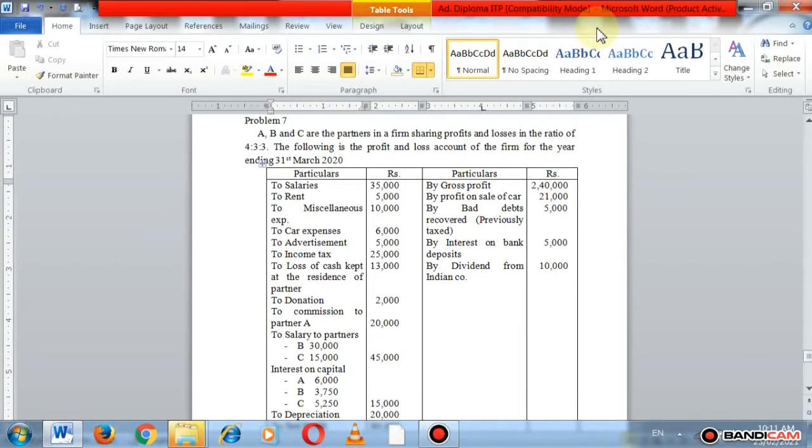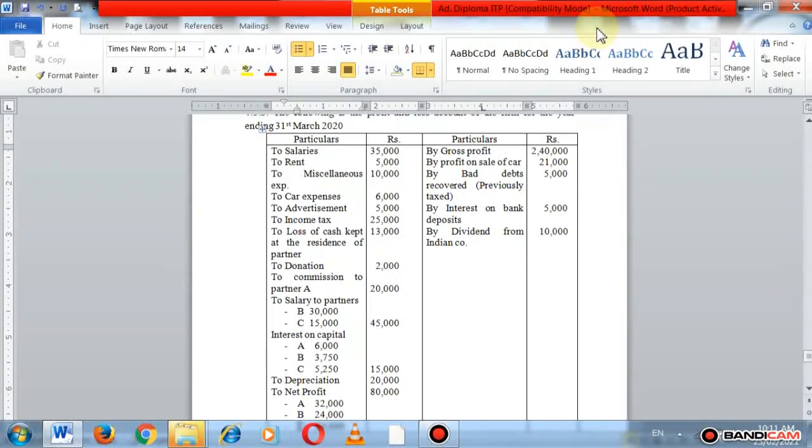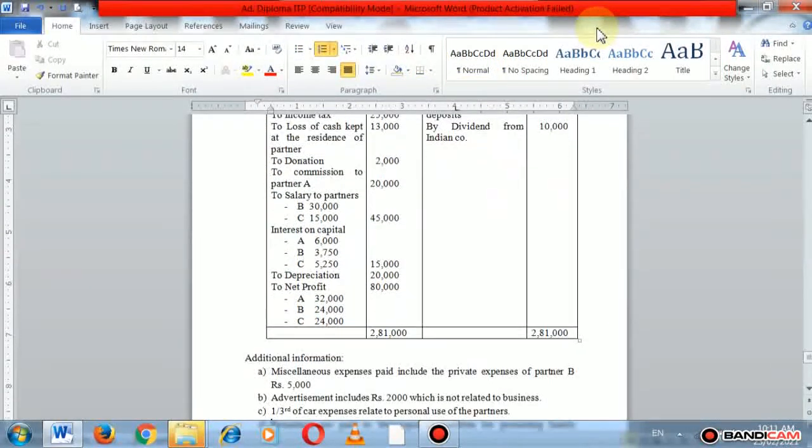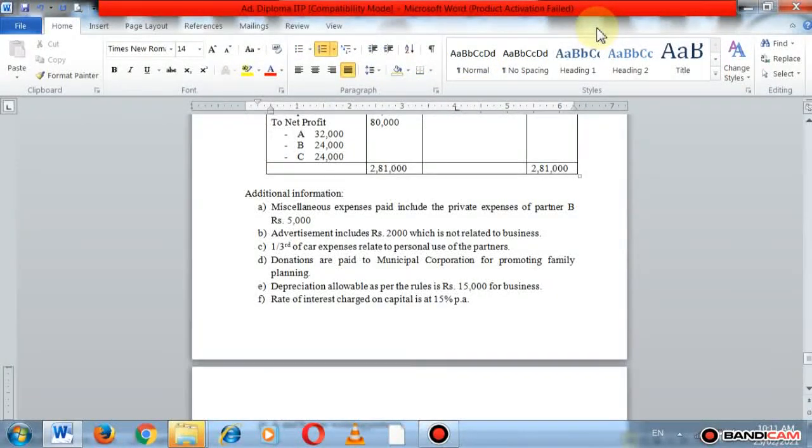First of all, we read the adjustments. The first additional information is: miscellaneous expenses paid include the private expenses of partner B, rupees 5,000. So the adjustment is on miscellaneous expenses.